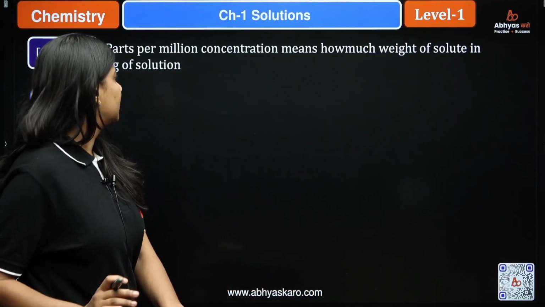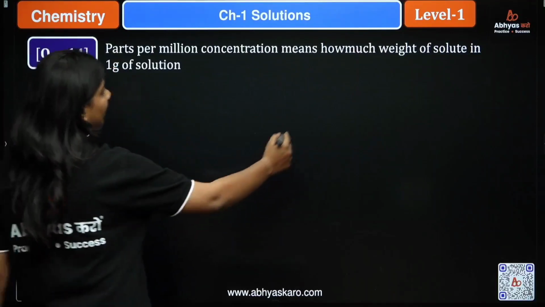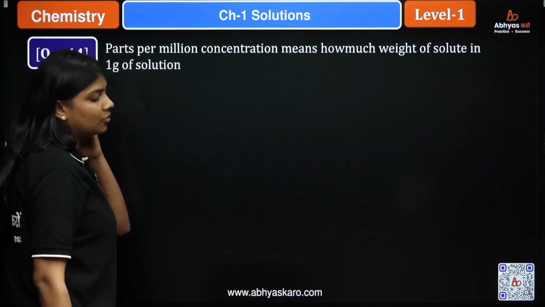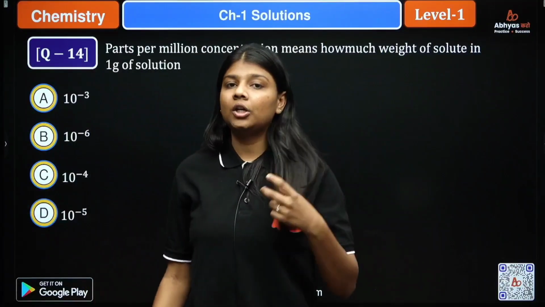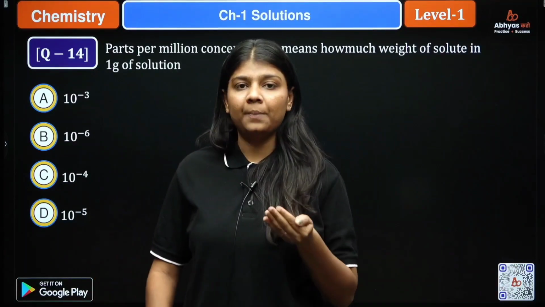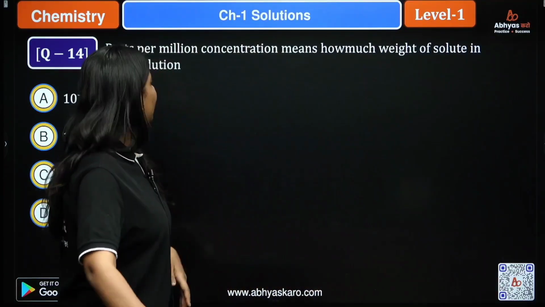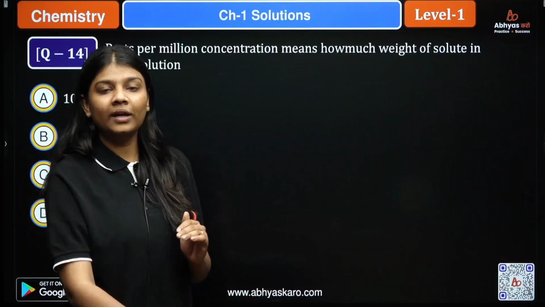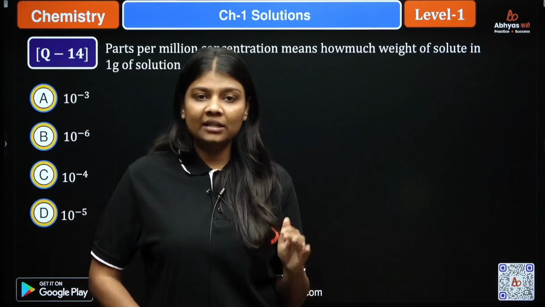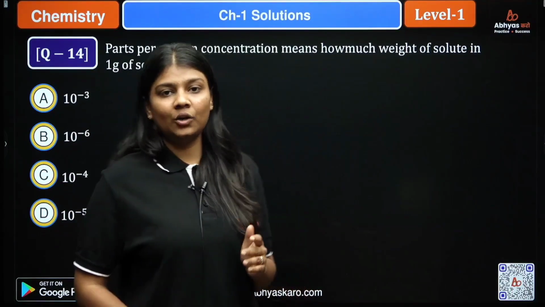Parts per million concentration means how much weight of solute in 1 gram solution. Again the same topic we are dealing with, parts per million. I know, students, you now find it very easy to deal with this kind of questions.